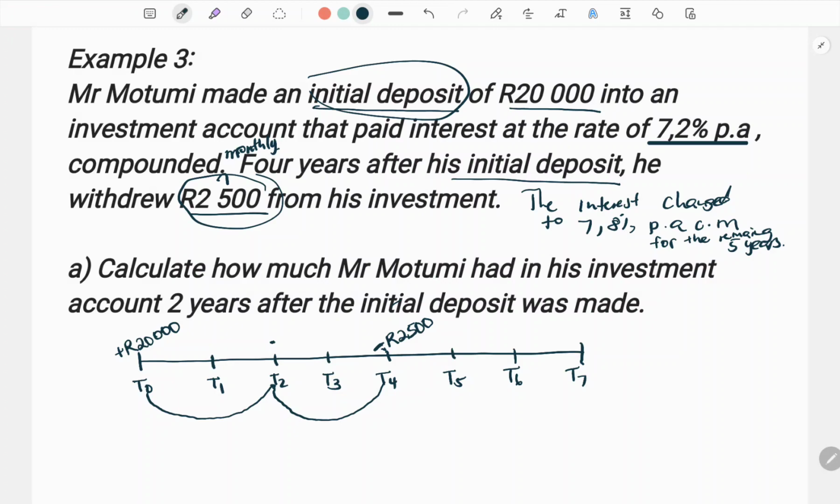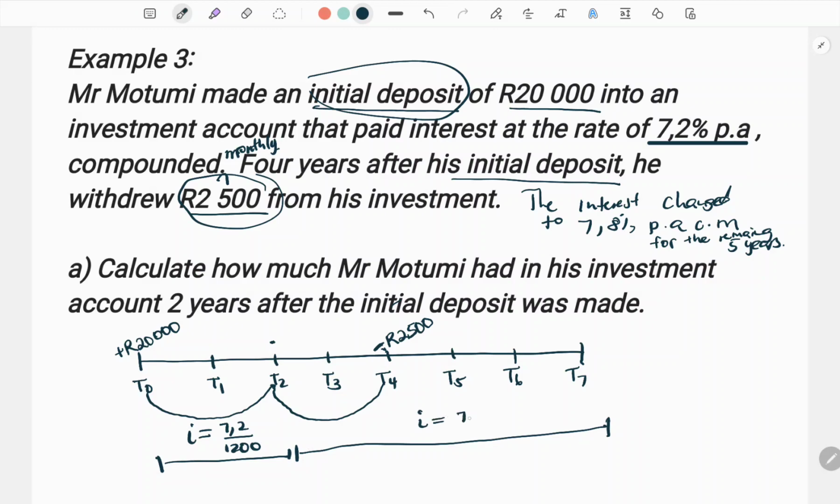Let's look. The compounding period for 2 years, i is equal to what? 7.2 over 12. Then for the remaining period, the interest changed to what?